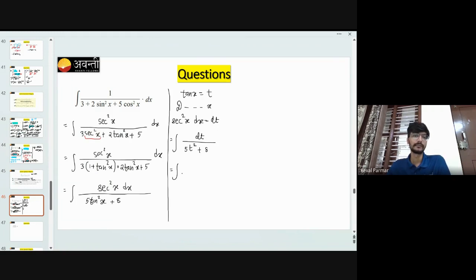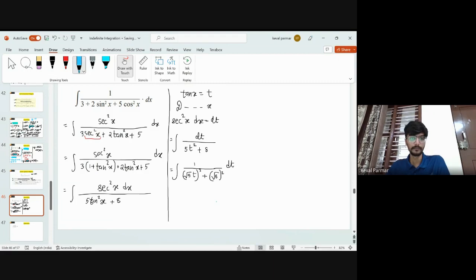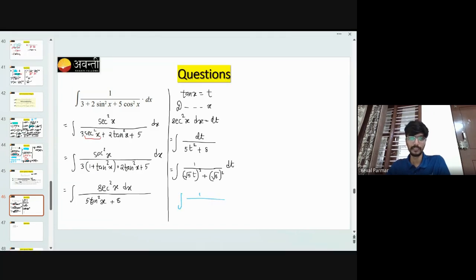Now I can very much write it as 1 upon root 5t whole square plus root 8 square dt. Do you remember this form? This is integration of 1 upon x square plus a square dx. What was the answer? It was 1 by a tan inverse of x by a plus c.